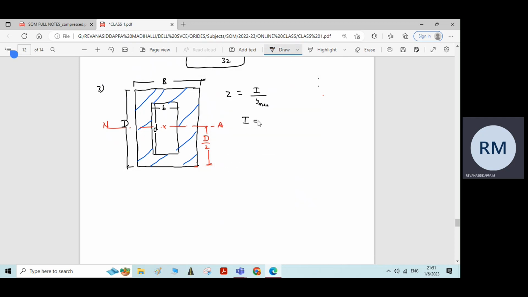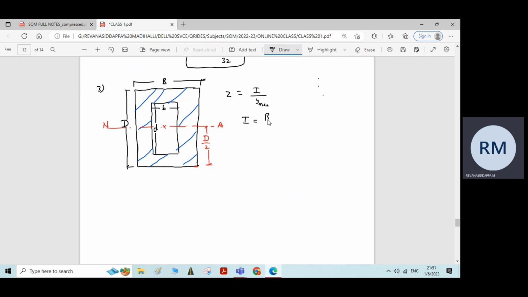So I, the moment of inertia for this hollow rectangle section, will be the moment of inertia of the outer rectangle minus the moment of inertia of the inner rectangle, which gives the moment of inertia of the shaded portion. We know that the moment of inertia of a rectangle is BD cube by 12.